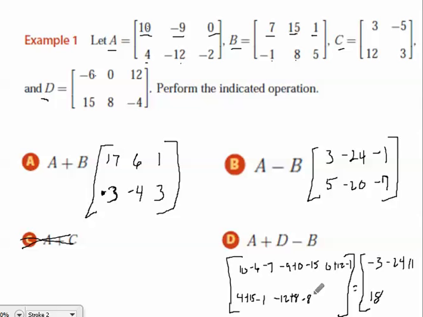Minus 8 is going to be a negative 12. And if I take a negative 2 plus negative 4, that's negative 6. Minus 5, that's negative 11. That would be my resulting matrix.